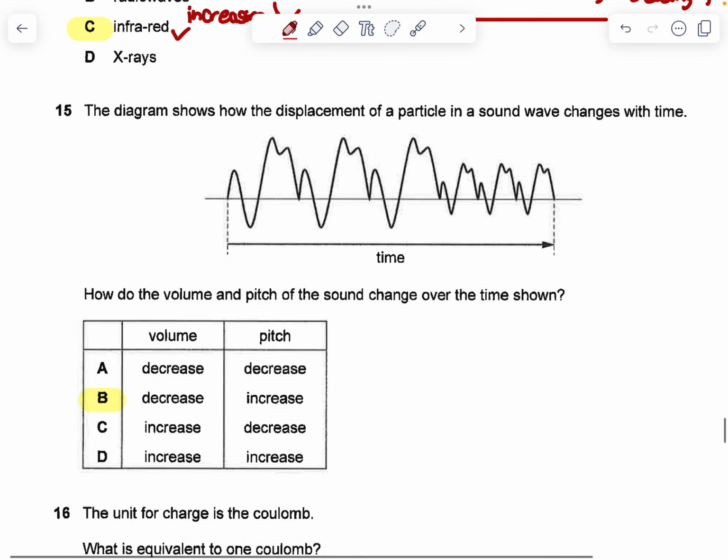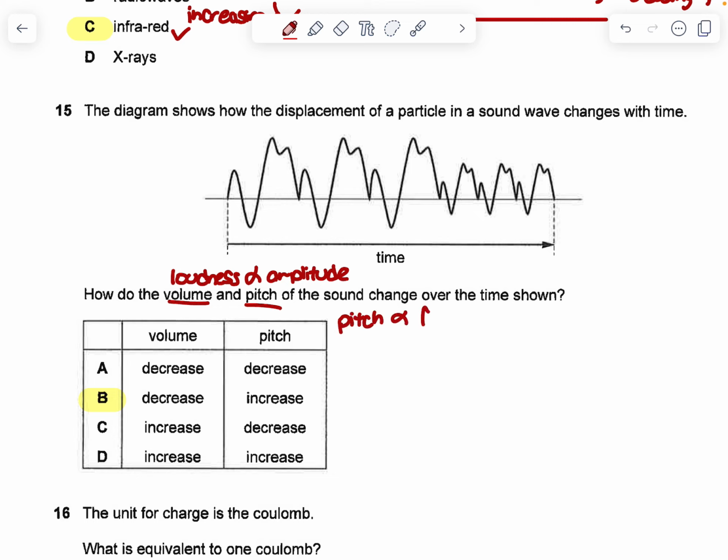Okay, question 15. The diagram shows how the displacement of a particle in a sound wave changes over time. How do the volume, which is also known as the loudness, and loudness is proportional to amplitude, and pitch, which is proportional to frequency, change over time as it shows?